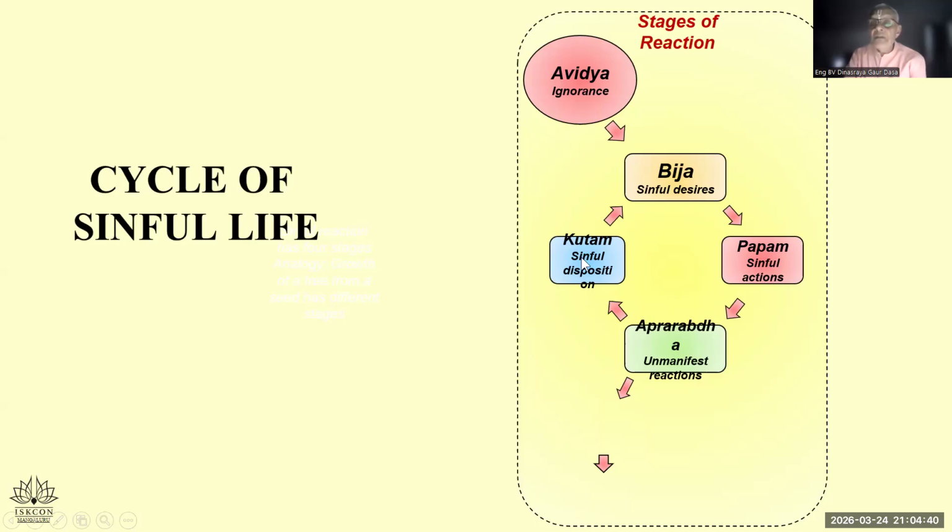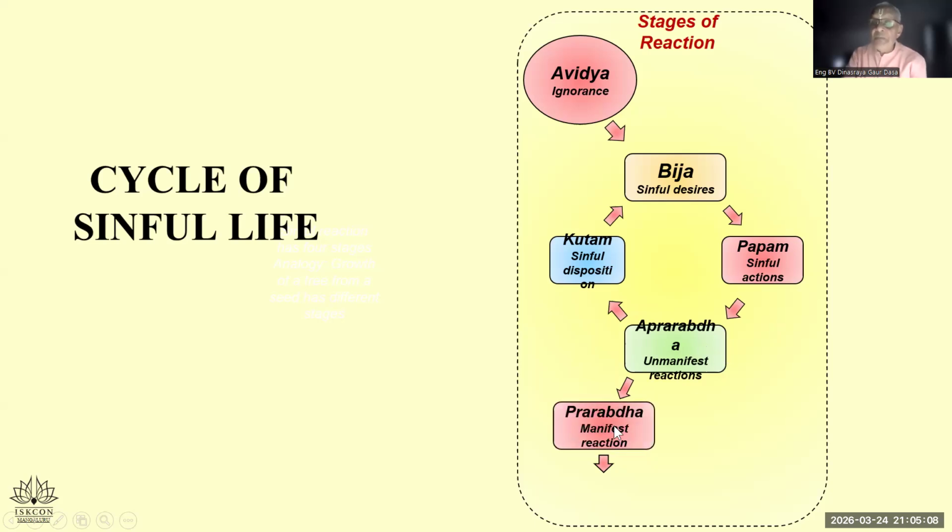Now kutam, whenever there is proper environment, proper soil conditions, is going to sprout. So the sinful disposition is there. That means the seed has a tendency to grow, to sprout. But when the proper environment is there, it starts. So this disposition remains, and disposition results in desire, and ultimately sinful action is conducted.